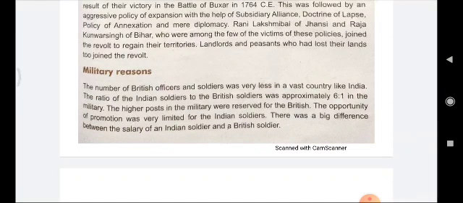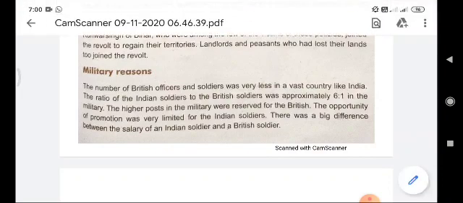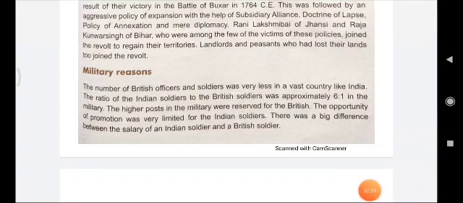The number of British officers was much more compared to the Indian soldiers in a vast country like India. The ratio of Indian soldiers to British soldiers was approximately 6:1.